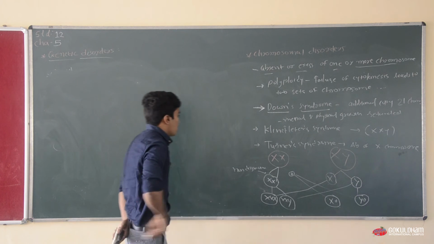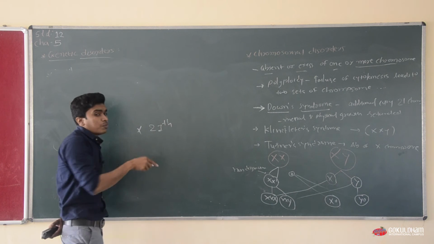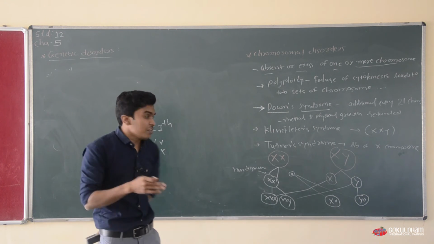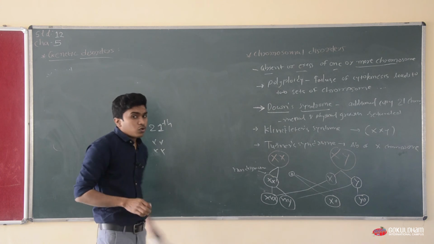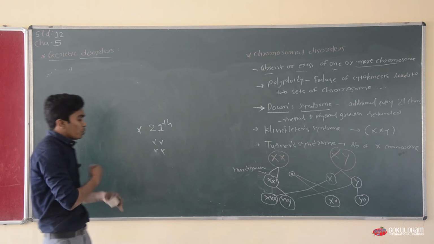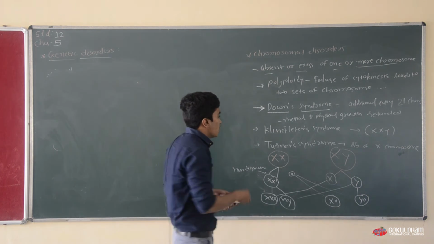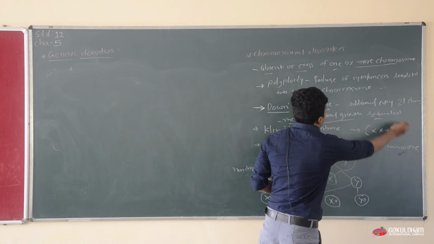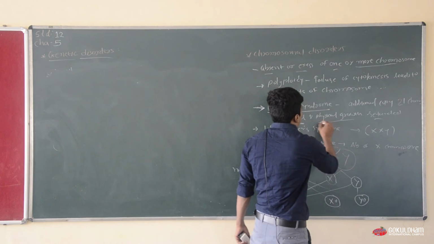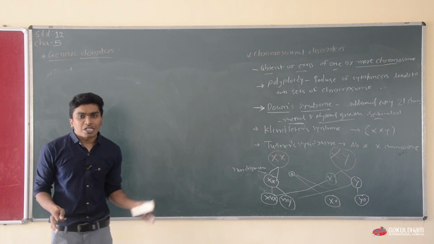In Down syndrome, the 21st chromosome has an additional copy of itself, which means the 21st chromosome will have an additional copy in the individual, due to which the chromosome number will change and it leads to certain kinds of abnormal changes in individuals, like mental and physical growth or development will be retarded in that particular individual.